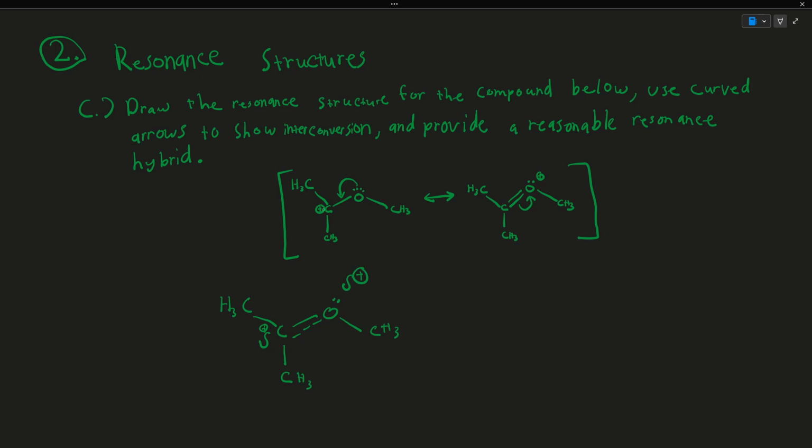We saw that when you go from the left structure to the right, oxygen goes from being neutral to being positive, so that gives it a partial positive charge, and carbon goes from being positive to neutral, and that also gives it a partial positive charge. So this would be the resonance hybrid that represents these resonance structures for this compound.